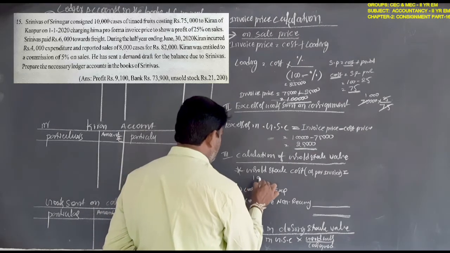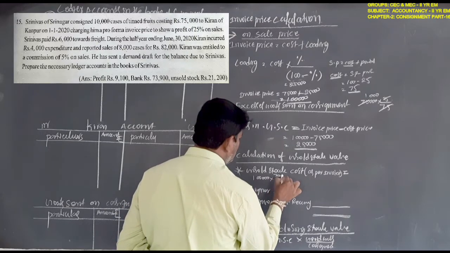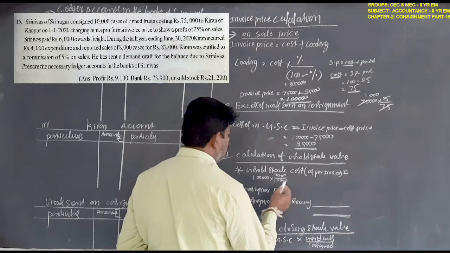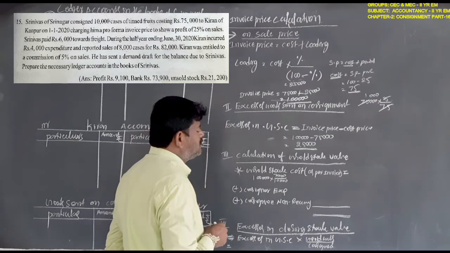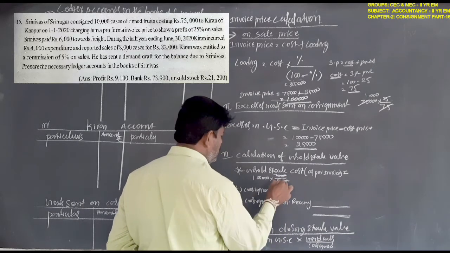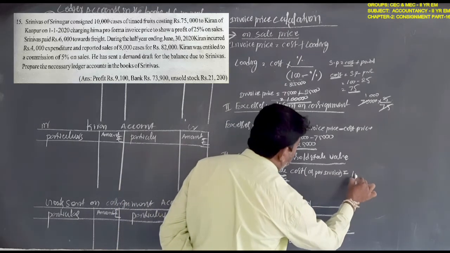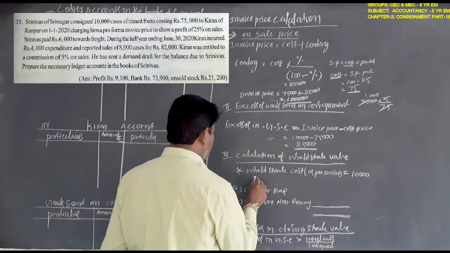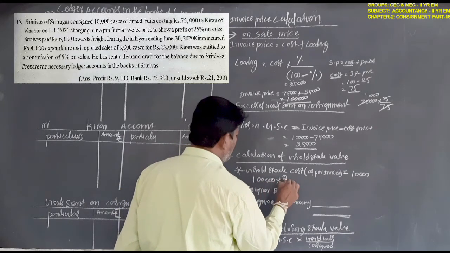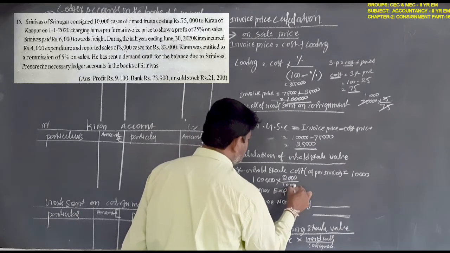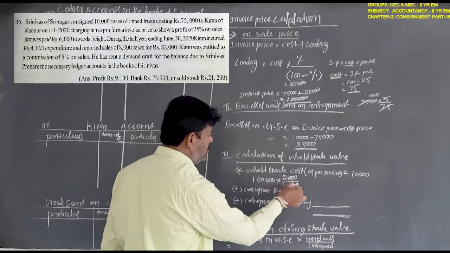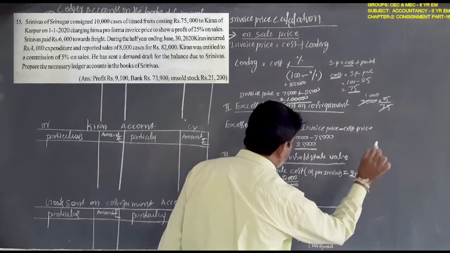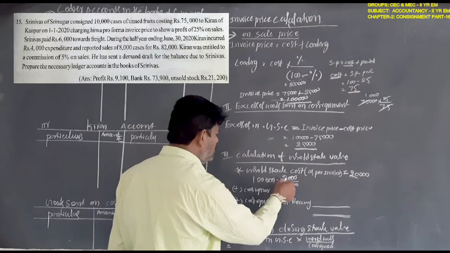Simply, 1 lakh rupees into 2,000 by 10,000. Cancelling the zeros, three zeros against three zeros, we get 10 into 2, which is 20,000 rupees.